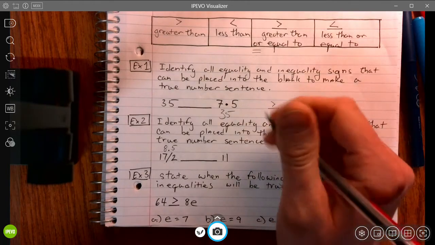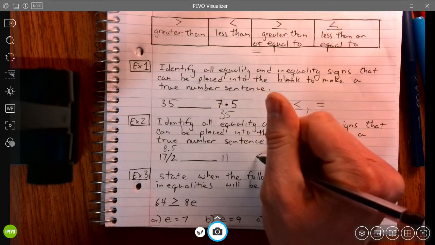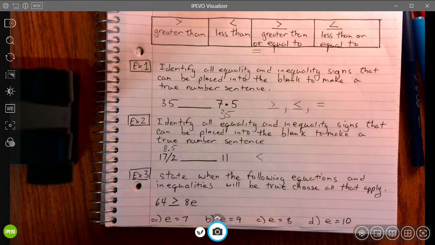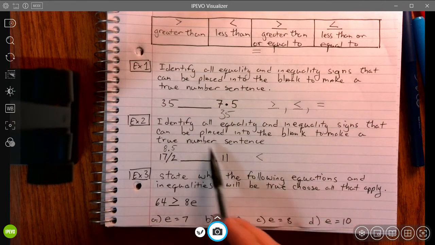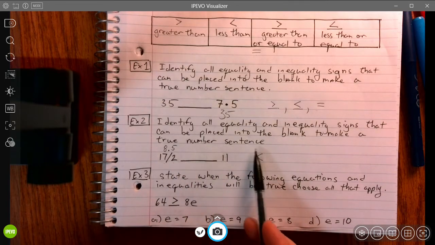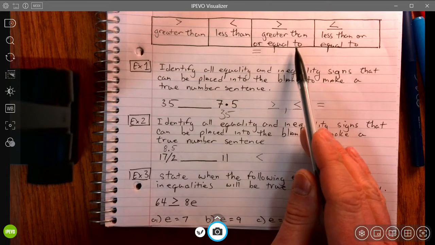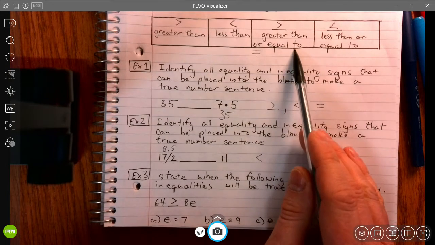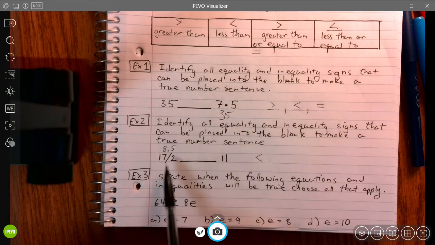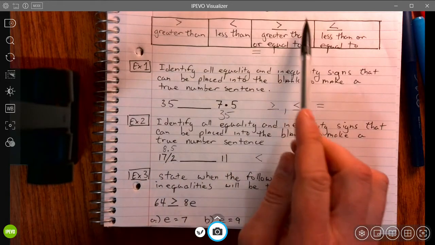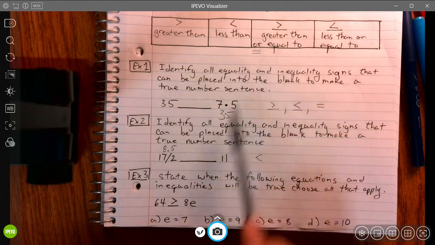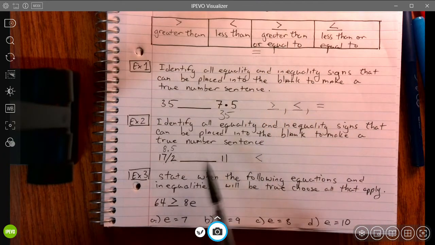Of course it is. 8.5 is less than 11, so we can write down the less than symbol that'll fit in here to make this a true number sentence. Is 8.5 greater than or equal to 11? Well, 8.5 is certainly not greater than 11, and it's certainly not equal to 11, so I cannot use that symbol to make this a true number sentence.